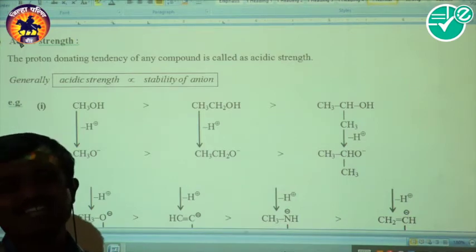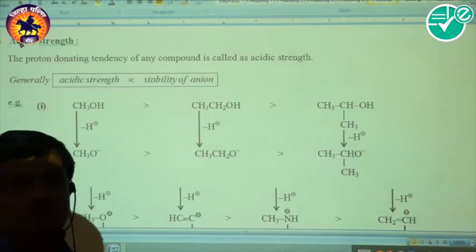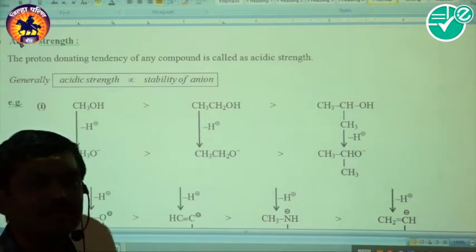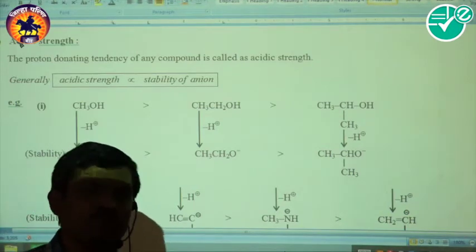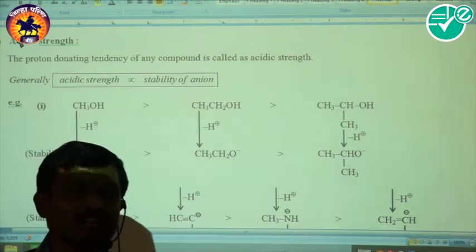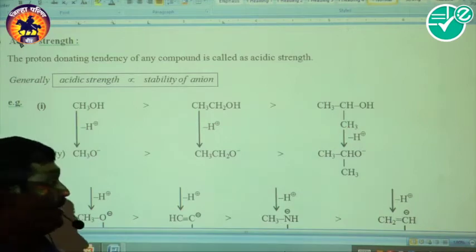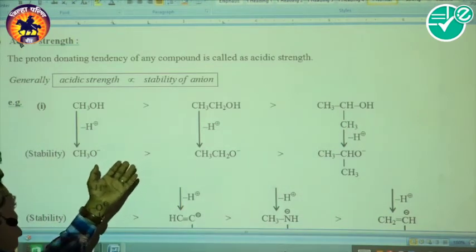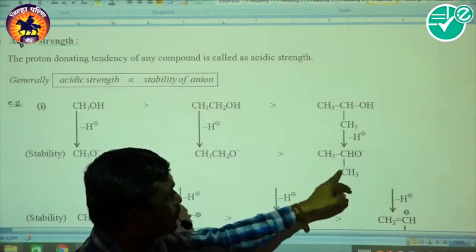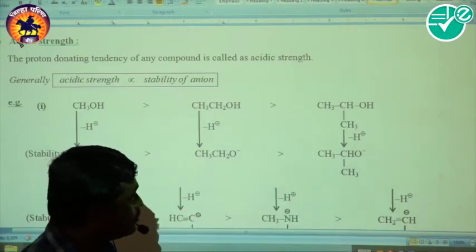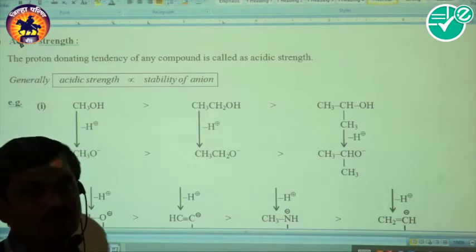If we attach an electron donating group, the anion becomes unstable, because it already has electron density, and the species is giving more electron density towards it. So it is more unstable, because the 2 or 3 methyl groups push electron density onto the anion, which disturbs the stability of the anion.